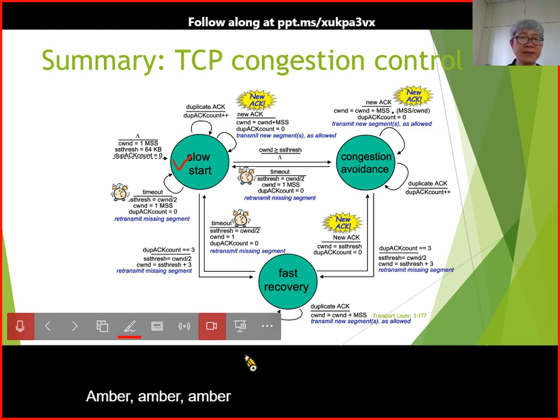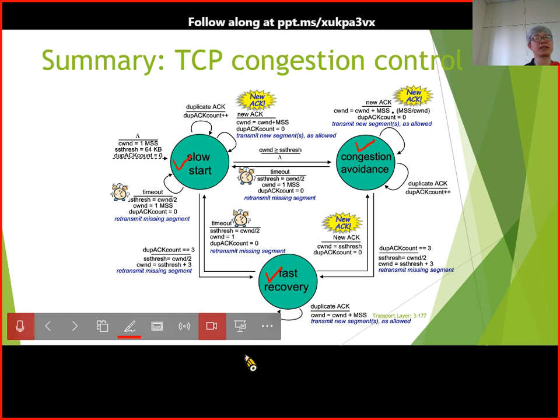And also congestion avoidance. Do you still remember congestion avoidance? And also fast recovery. So, slow start, congestion avoidance, fast recovery. You can share some description for the three items, and right now we want to have the specific description.